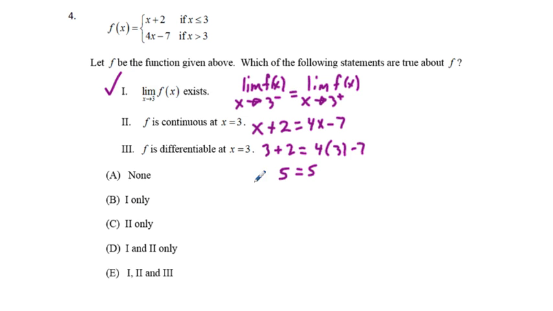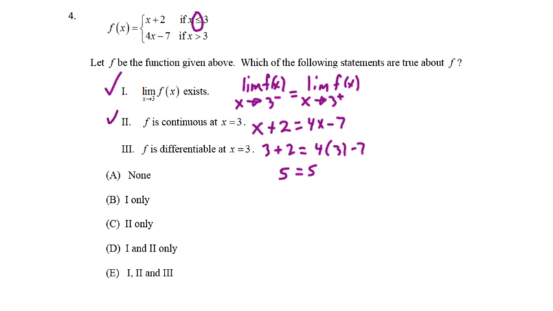And we know, because we have this less than or equal to sign, that f is continuous, because right there at x equals 3, the function is defined at that to be 5. So we know that's correct too.